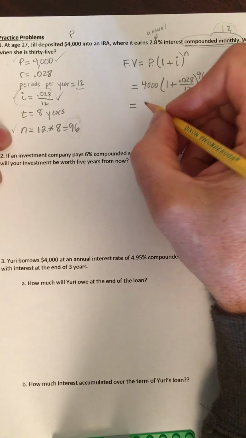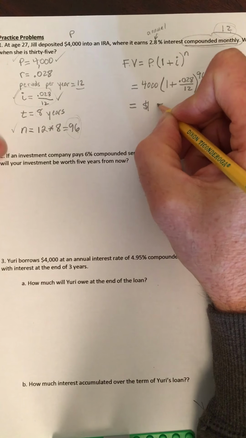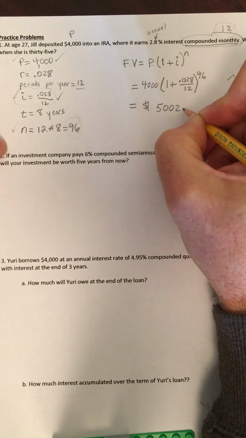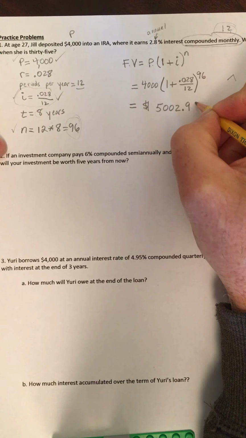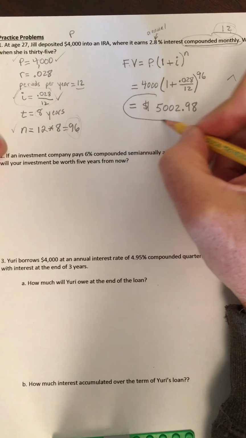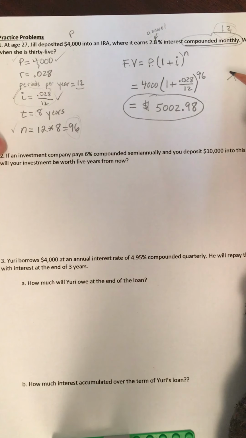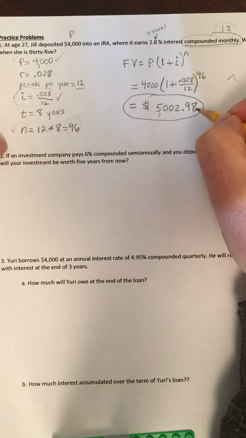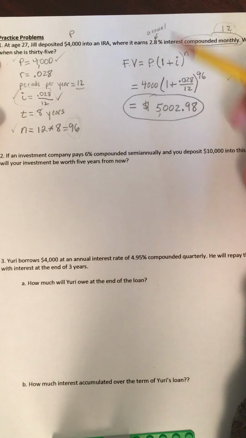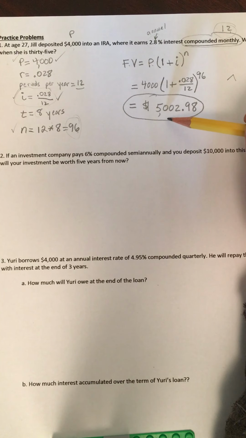So type all that in all at once, and you should get this answer, $5,002, and we'll round it to the nearest cent, nearest penny, 98 cents. Okay, so $5,002.98. She started with 4,000. She ended up with just over 5,000.